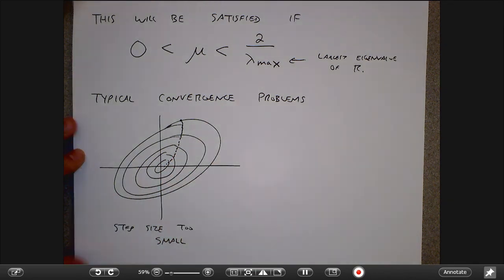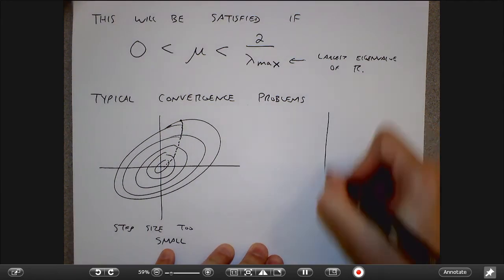I will get there, but it may take way too long. In the real world, we're interested in algorithms that converge pretty fast, so I want to crank up the step size as large as possible to take big steps along the gradient.